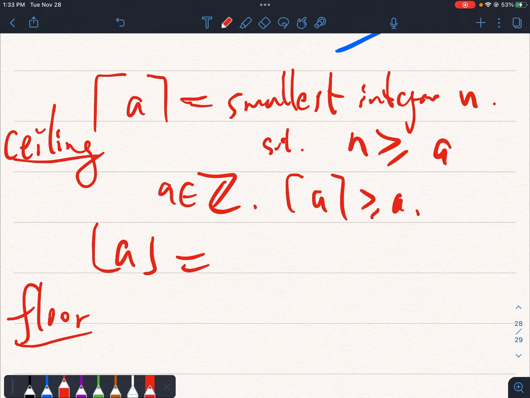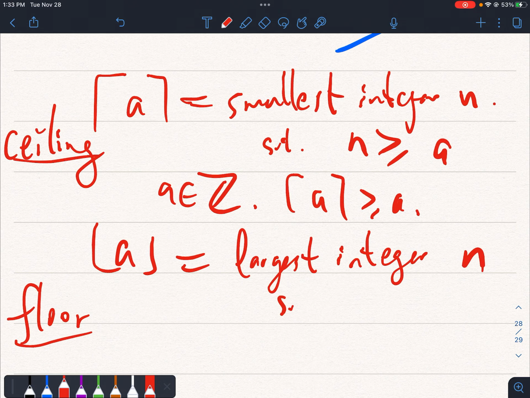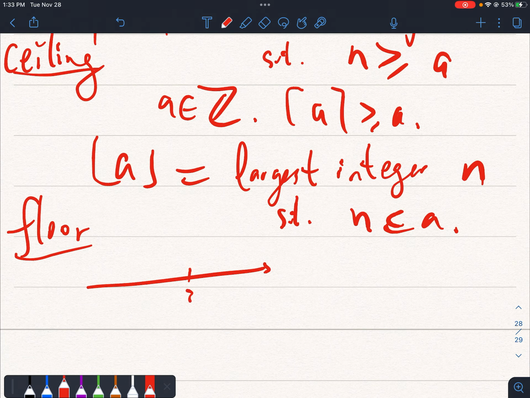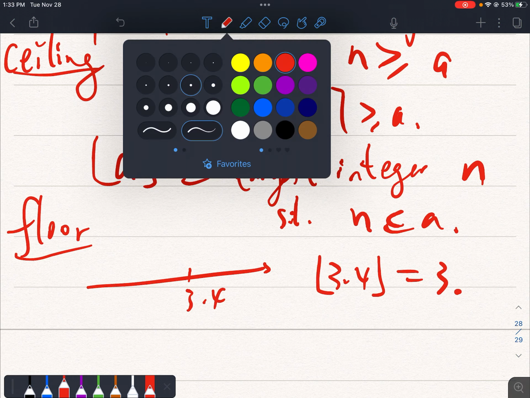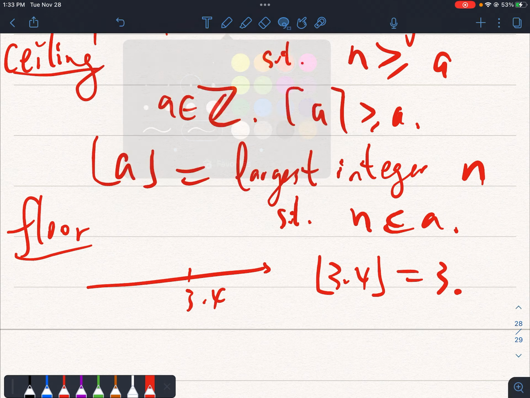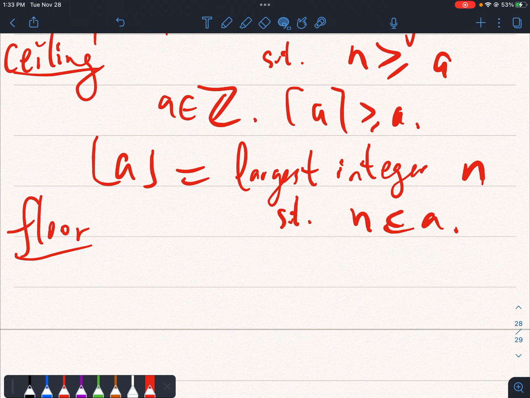You can also define a floor function. You just consider the other way around. It's the largest integer that is less than or equal to a. So for example, when it comes to 3.4, the floor of it will be just 3. The floor function is also called the integral part.